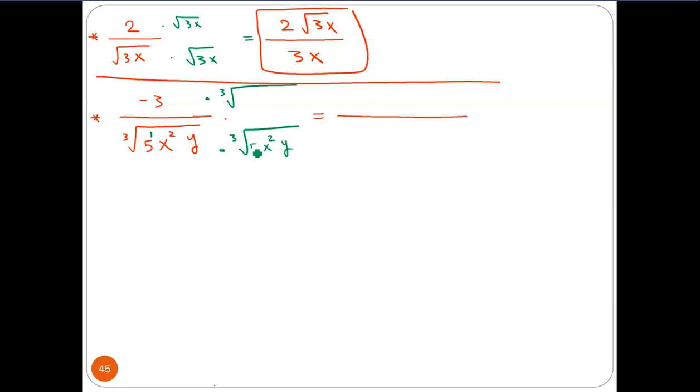Why? The sum of exponent must be equal 3.